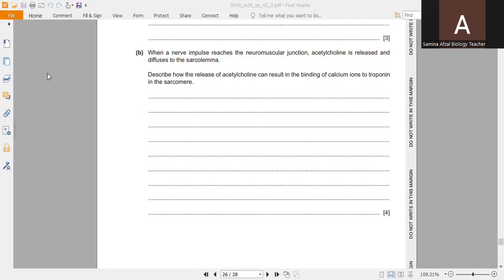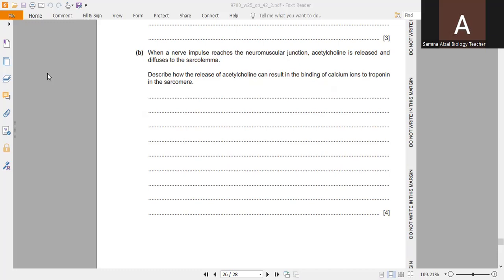First of all, the binding and the depolarization takes place as acetylcholine diffuses across the synaptic cleft and binds to receptors on the sarcolemma, which is the postsynaptic membrane. This opens ligand gated sodium channels, causing an influx of sodium and depolarizing the membrane.